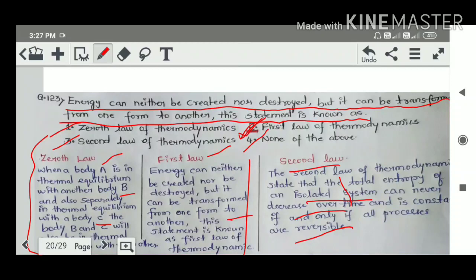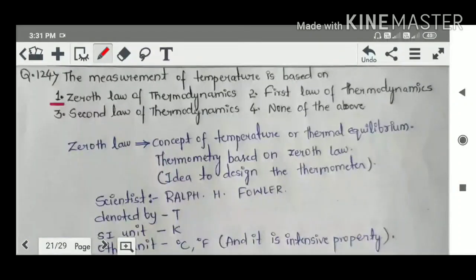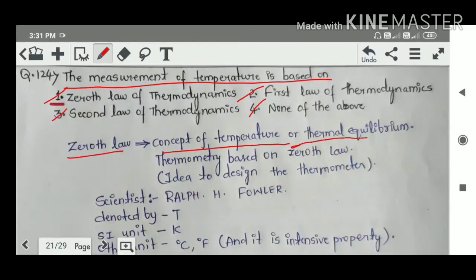Okay friends, let's move on to question number 124. The measurement of temperature is based on, and the options are zeroth law of thermodynamics, first law of thermodynamics, second law of thermodynamics, none of the above. In the previous question we saw what the zeroth law is. The zeroth law gives the concept of temperature or thermal equilibrium.